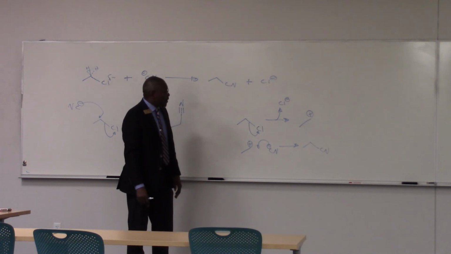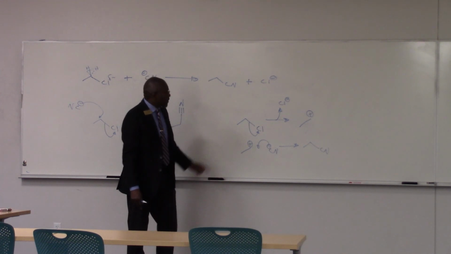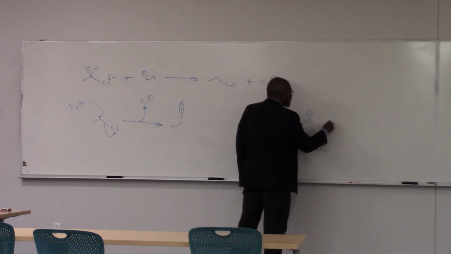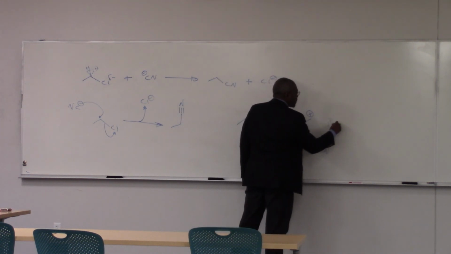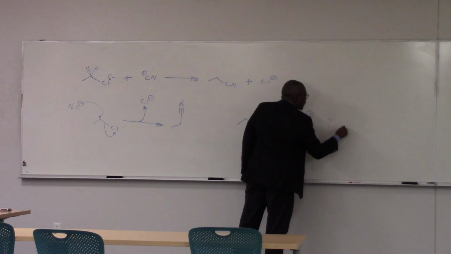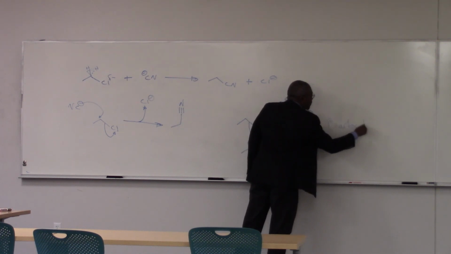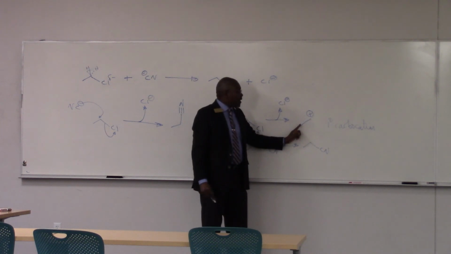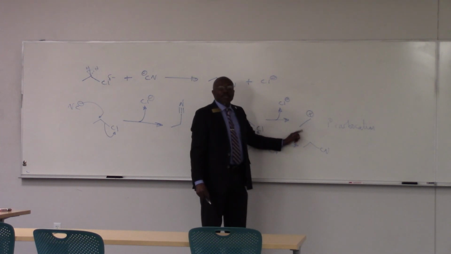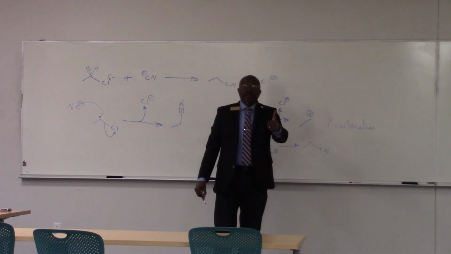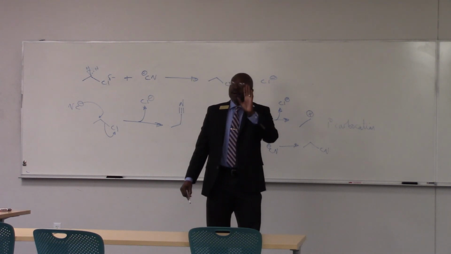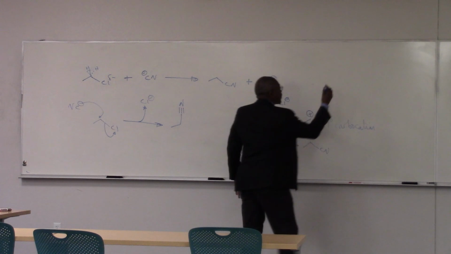Okay, well, let's examine it. If I do this, I make a carbocation that is a primary carbocation, because the alpha carbon, here's my alpha carbon, only has one alkyl. Methyl and primary carbocations are impossible to form unless the primary carbocation is resonance stabilized.